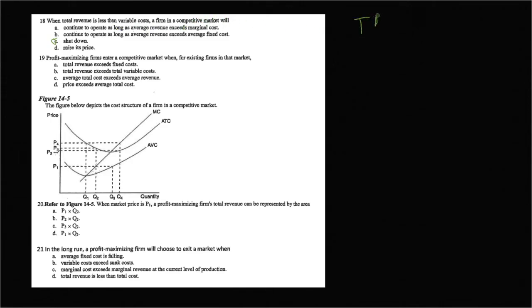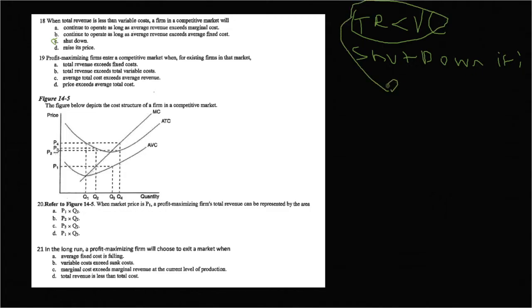This is just another rule that you have to know. This is when a competitive firm will shut down. So this is your shutdown condition: shut down if total revenue is less than variable costs.